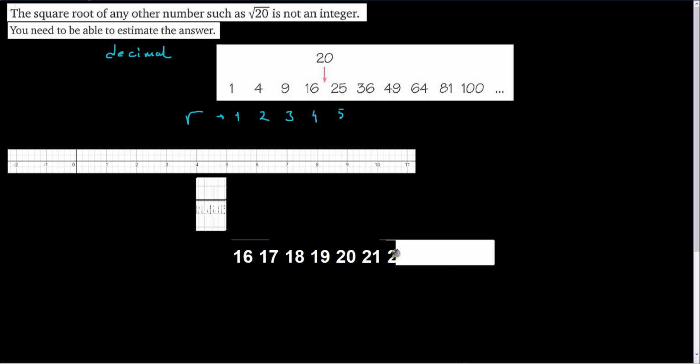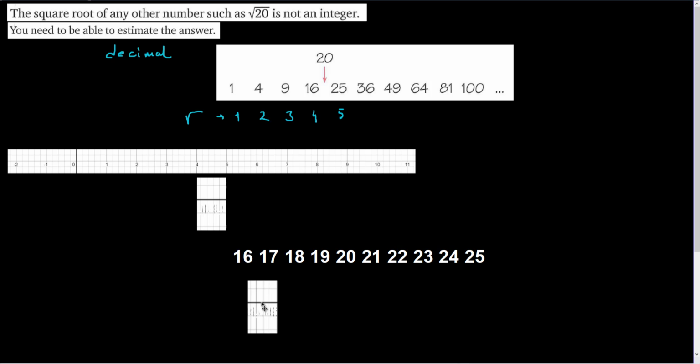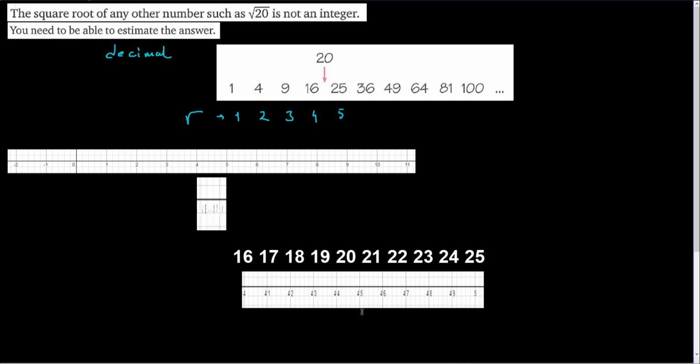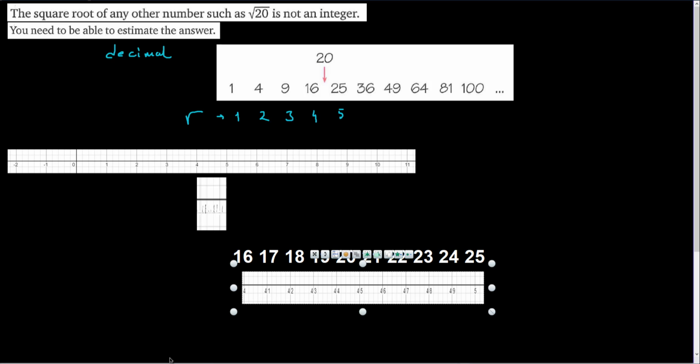So if I write the numbers between 16 and 25, here are the numbers, and if I divide this part into equal parts, like here, the root of 16 we know is equal to 4, and the root of 25 we remember is equal to 5. So the root of 17 is approximately 4.1, and the root of 18 should be between 4.2 and 4.3.